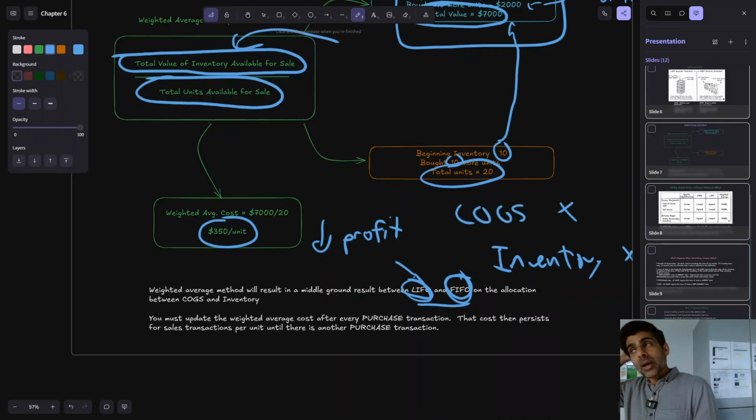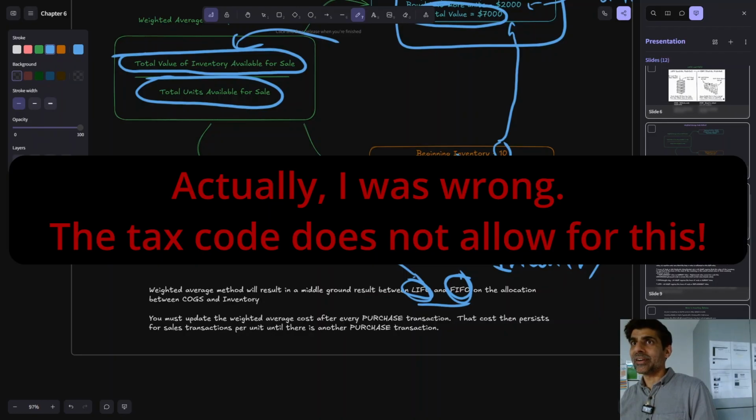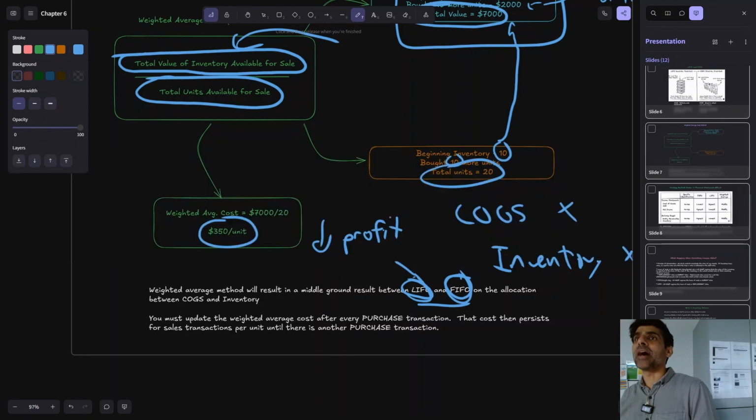There are some businesses that will use FIFO for their financial reporting and LIFO for their tax reporting. What do you think the advantage is there? When you're calculating income tax, do you want to show more or less profit if you can? Yeah.